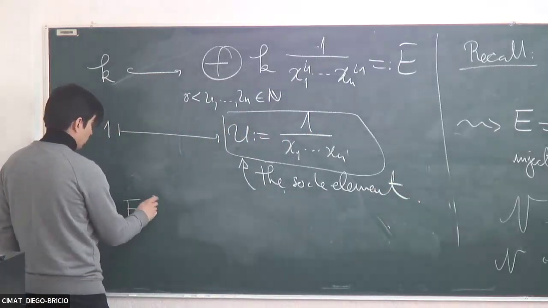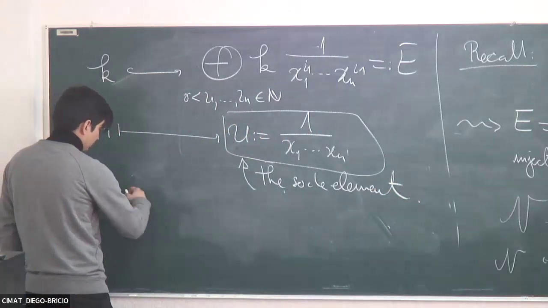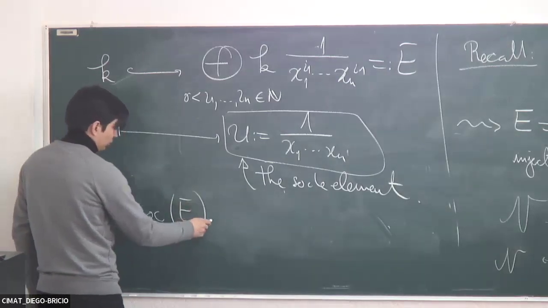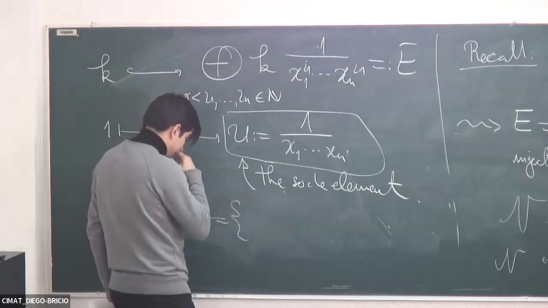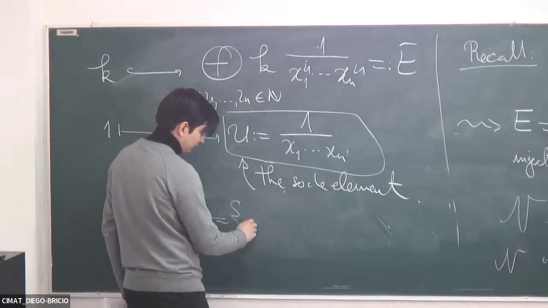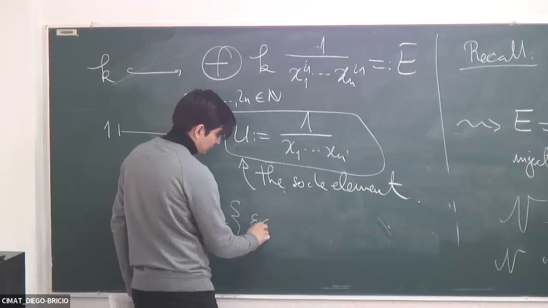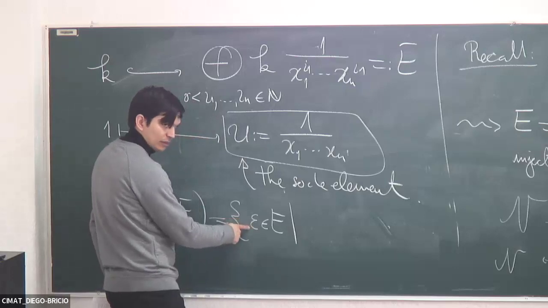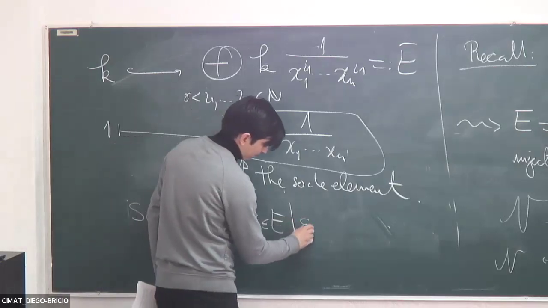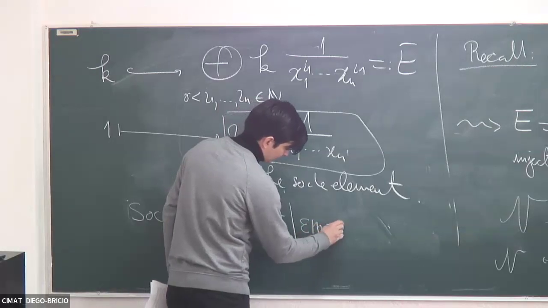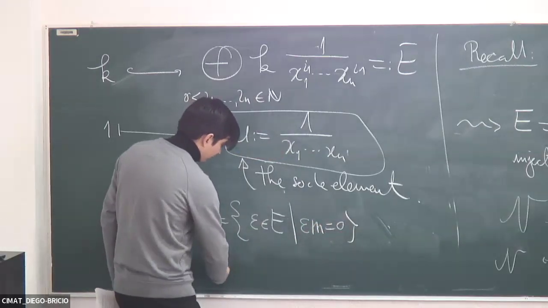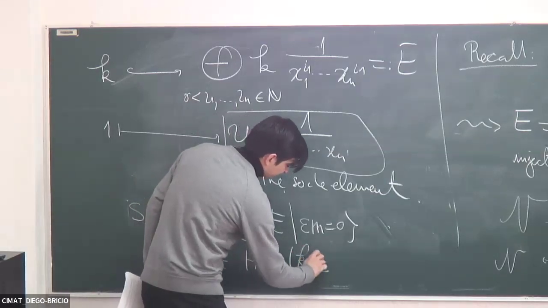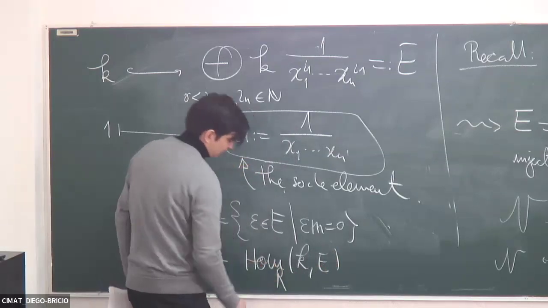Because if you compute the socle of E, what is the socle? Well, it's given by the elements of E, let's call them epsilon, such that they are killed by M. More conceptually, you can think of this as the set of Homs from K to E that are linear.